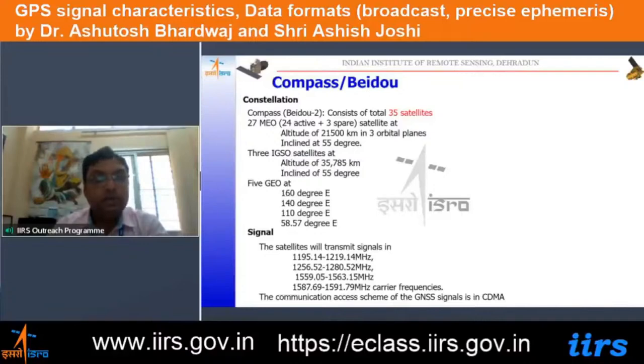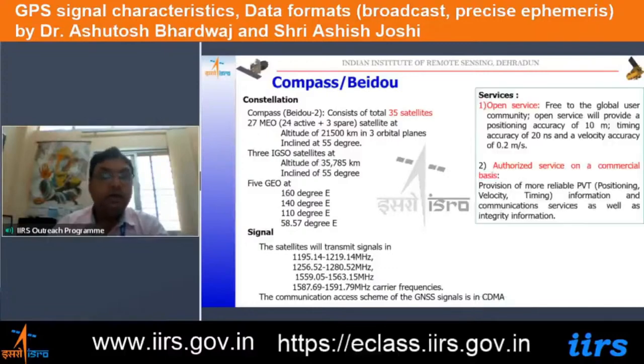Now coming to the BeiDou system, they have 5 satellites in the geostationary orbit, then 3 in inclined geosynchronous orbits, and 27 in the medium Earth orbit. So basically they have about 3 types of orbits in which they have placed all the satellites.